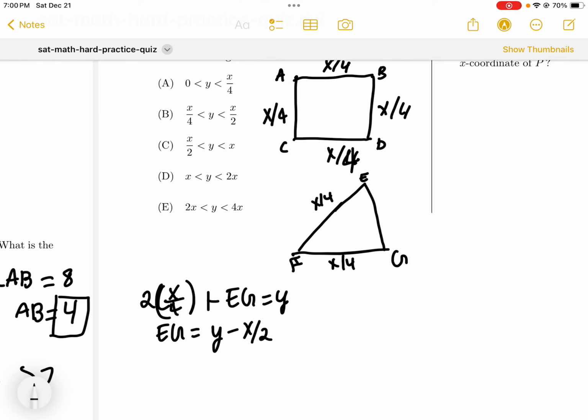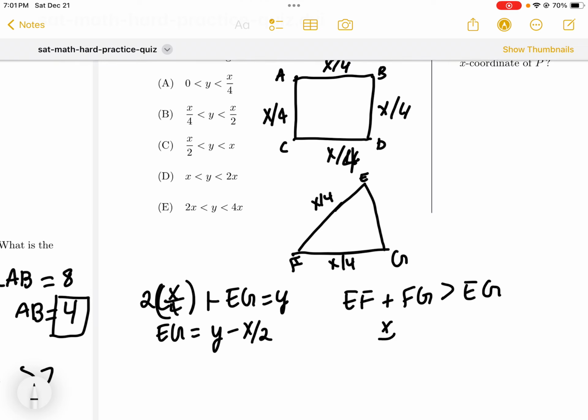Now, I'm going to apply the triangle inequality, leaving side EG as the third side, so we can get some clear bounds for it. So we have EF plus FG has to be greater than EG.